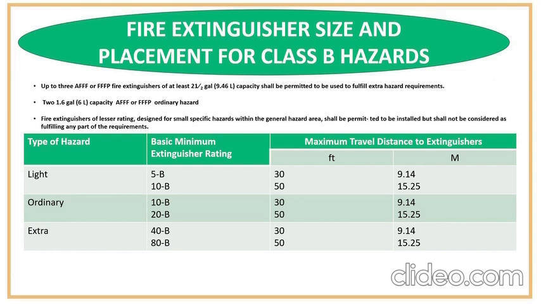So, type of hazard: the Class B fire has been categorized as light, ordinary and extra. Depending on the hazard, you have to select the suitable fire extinguisher, and the distances are the same. Maximum travel distance, you have to consider the same for all rated fire extinguishers according to standard.